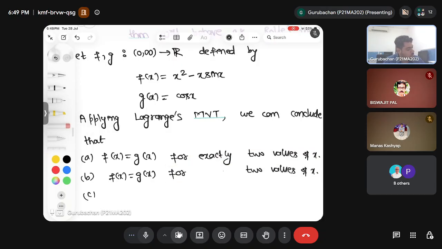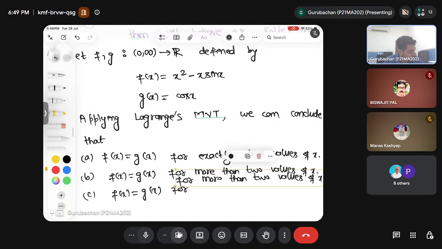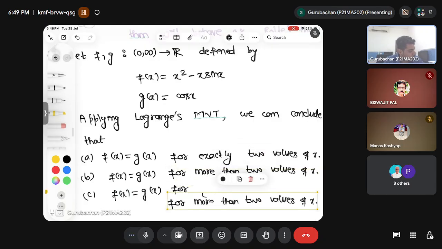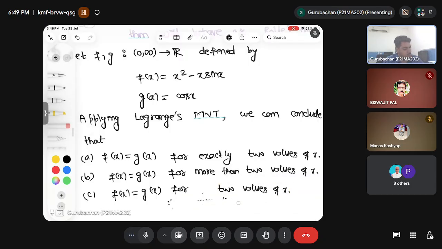Third option is f of x is equal to g of x for exactly one value of x.